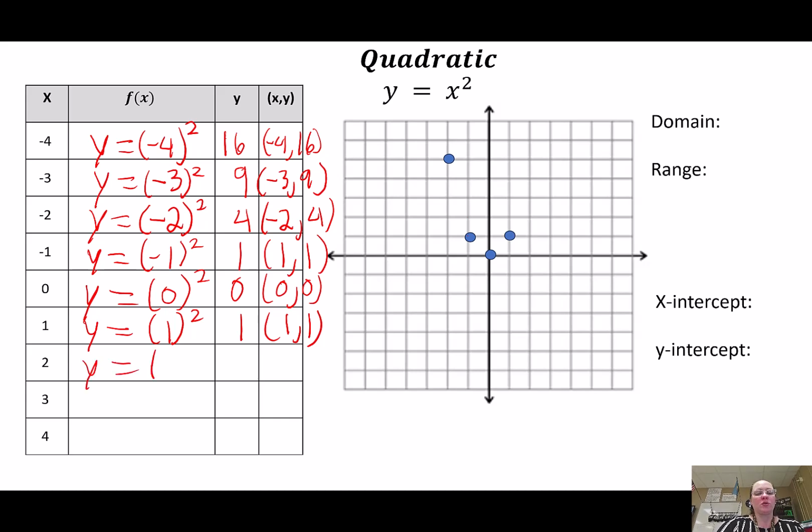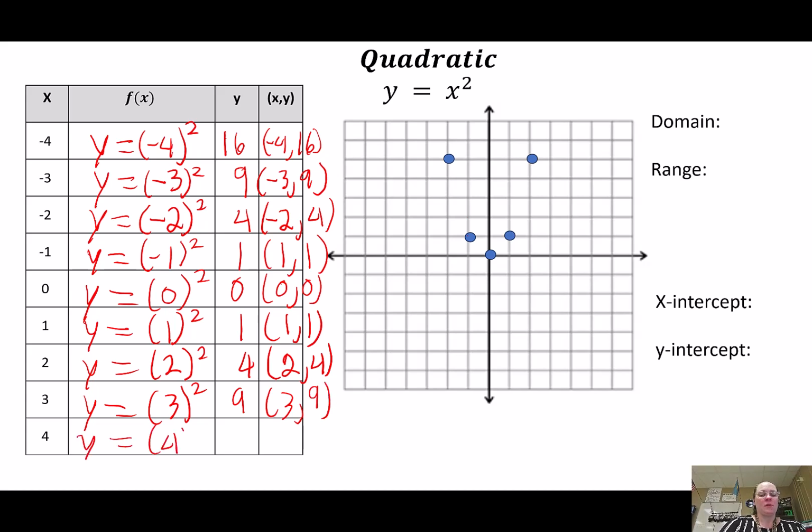When I plug in 2, 2 squared is 4. Three is what I'm plugging in next. Squaring it is 9. Again, I'm not going to be able to plot that one on the graph. And 4 squared gives me 16. Again, another one I'm not going to be able to plot on the graph.